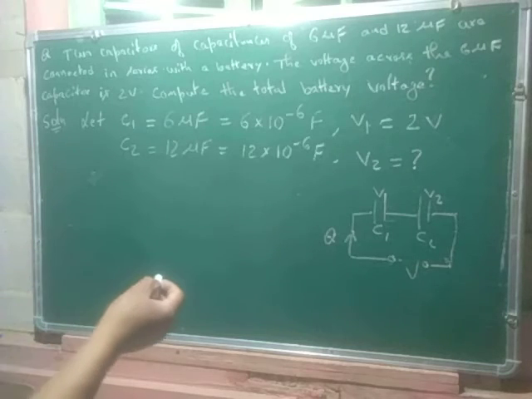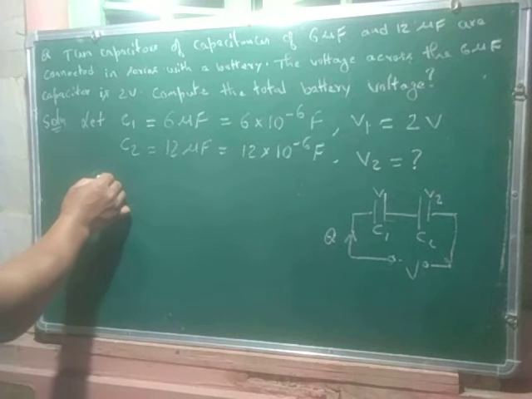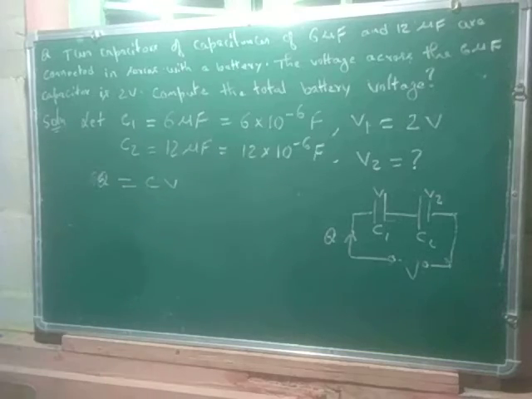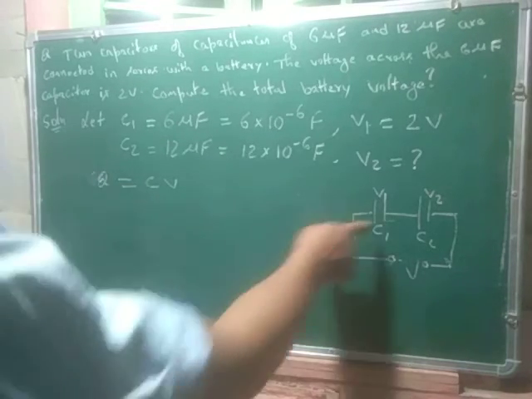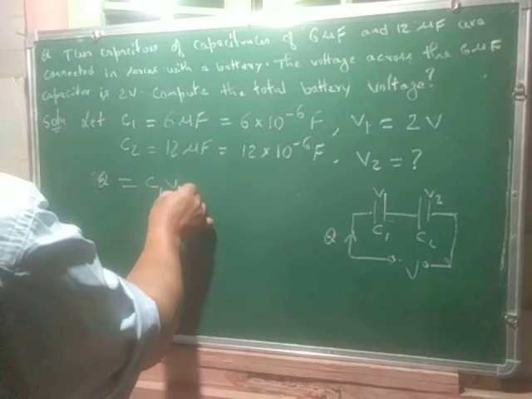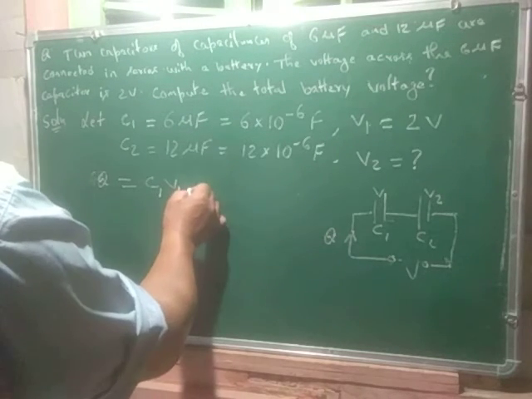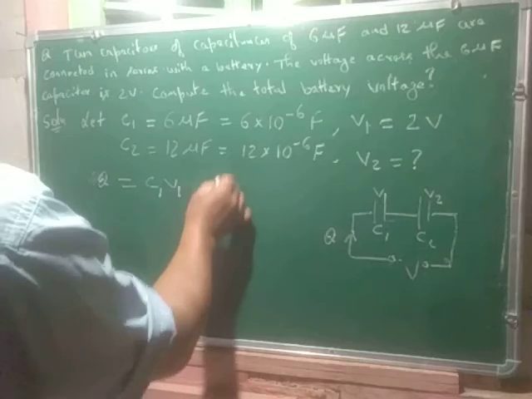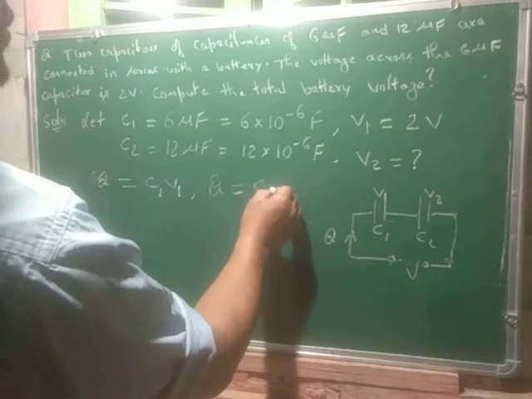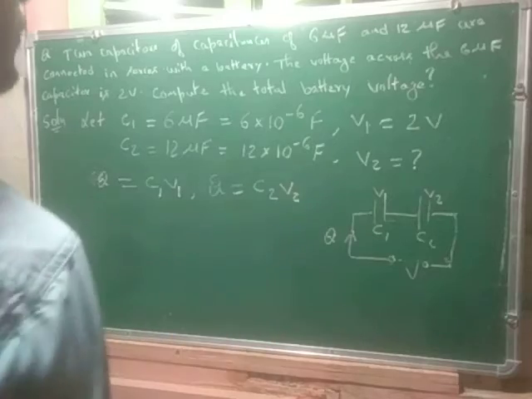We know from the relation that Q is equal to CV. For the first capacitor, the capacitance is C1 and the potential is V1. For the second capacitor, the charge is Q, the capacitance is C2, and the potential difference is V2.